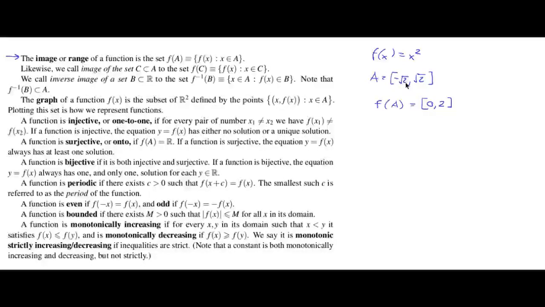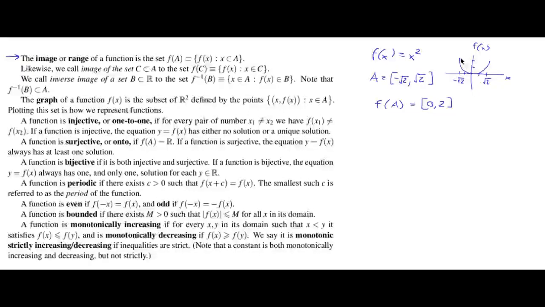So minus square root of 2 gets mapped to 2, and then every other value, if we graph it here. So this is minus 1, minus the square root of 2, 1, square root of 2. This value is x, and if we plot here the value of f of x, this value gets mapped to 2, and then all of these values go like this. We've painted parabolas before, and these go like this.